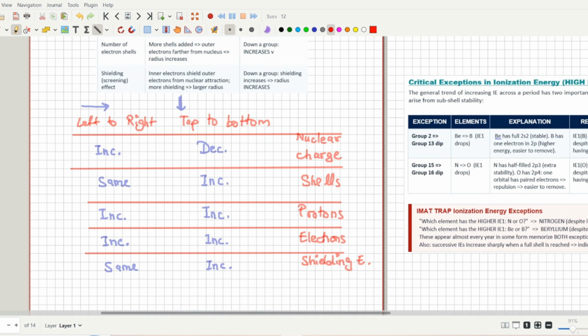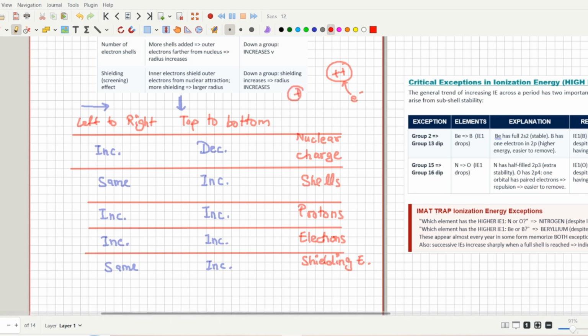So what will happen is that when the nuclear charge increases, it will attract the electrons towards itself more strongly. Like if there are two positive charges attracting one electron, then that electron will be attracted more, and the electron will be closer to the nucleus.